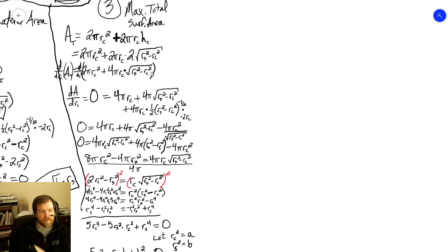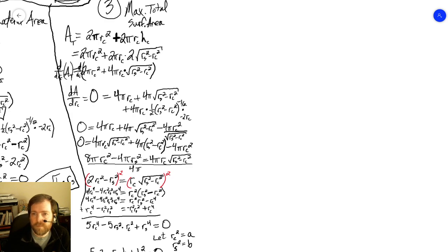So let radius of the sphere be 1, for instance. And then we could find the radius of the cylinder based on that. So I'm not above just figuring out what this is by going to a graphing calculator of some kind.